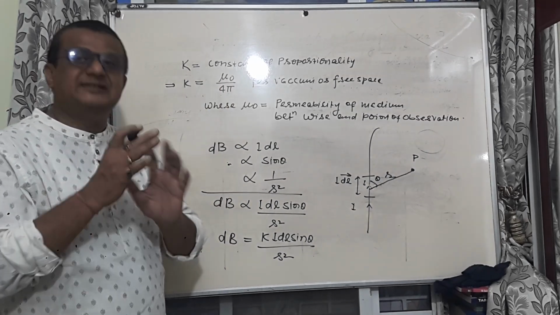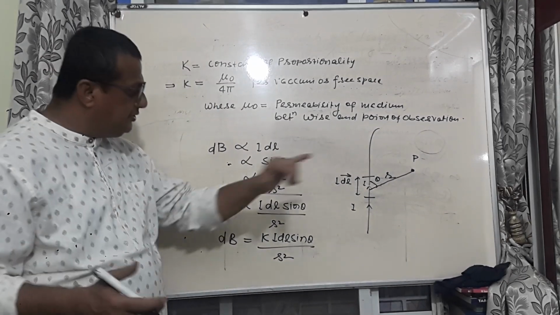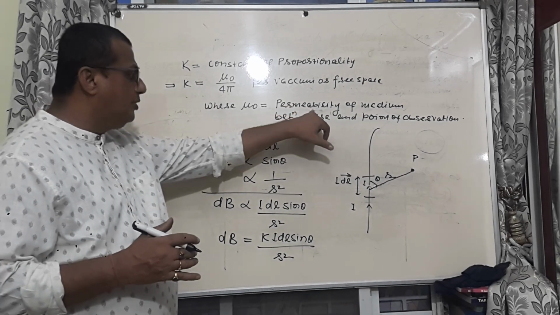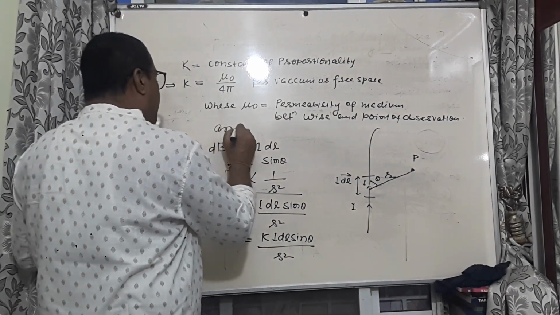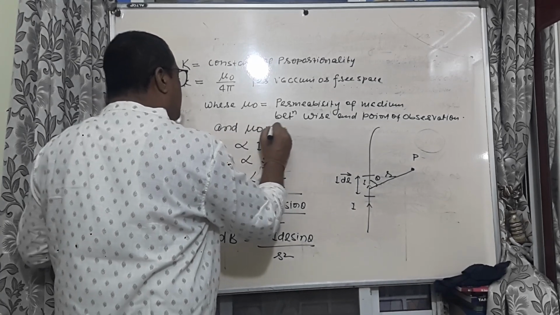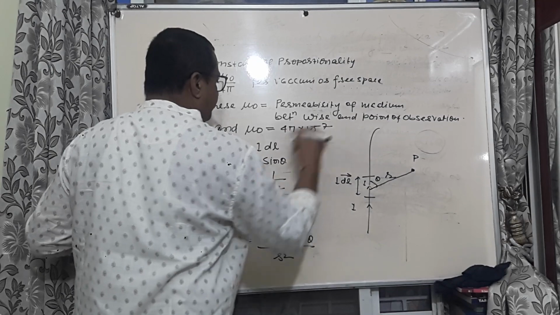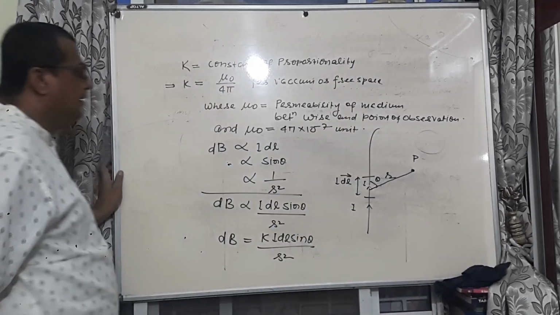The concept is similar. That was also related to medium and this is also related to medium. So mu naught is the permeability of the medium, and mu naught is equal to 4 pi into 10 to the power minus 7, some unit will be there.